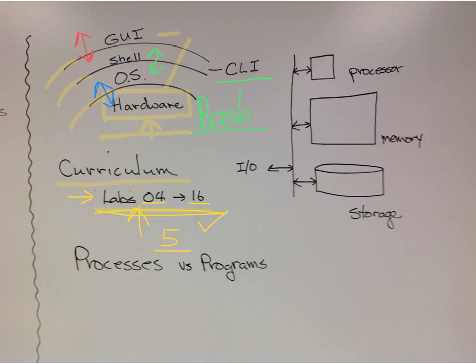Next thing, process versus programs. We think of a program stored on the disk, if you want to look at it in this way, and then that moves into memory.